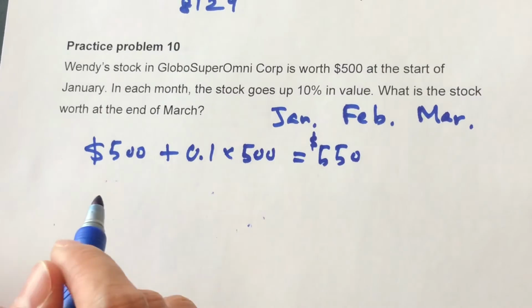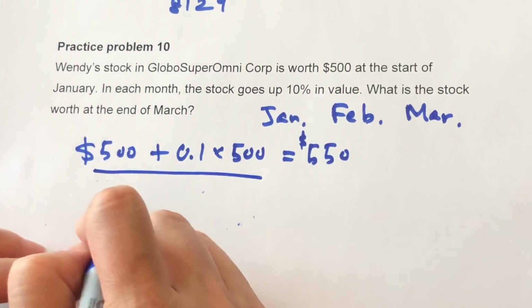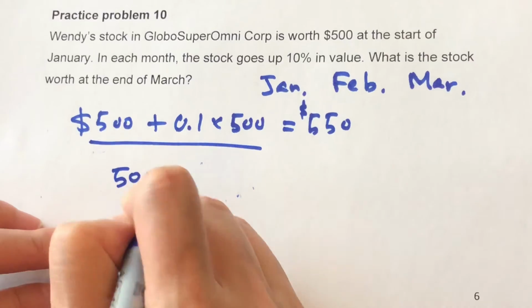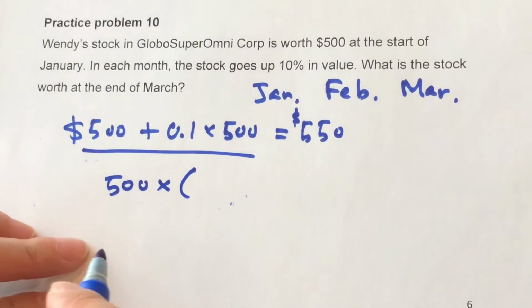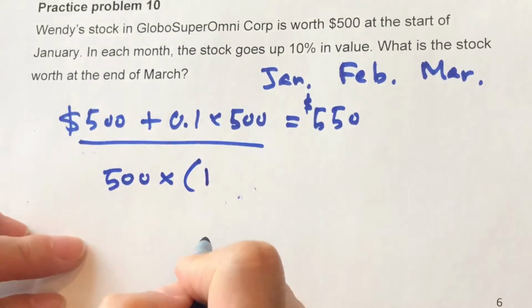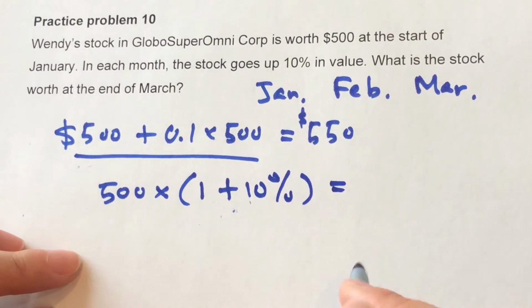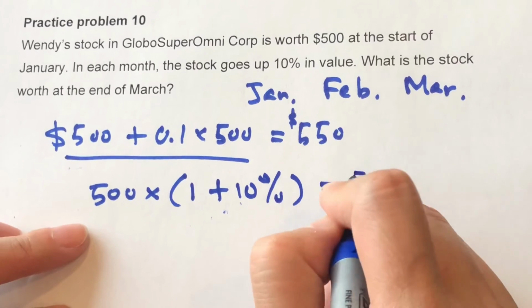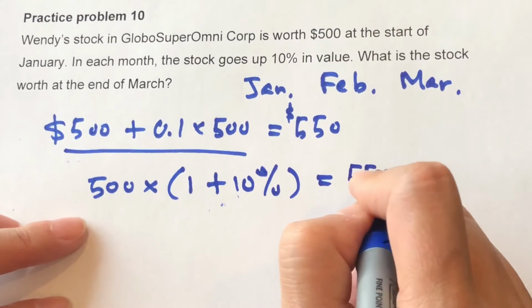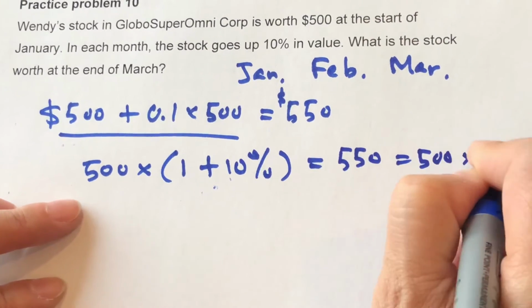Or you could write this as: the original price is 500, and I start from 1, and I increase by 10%. Therefore, after the first month, my value would be 500 multiply 1.1.